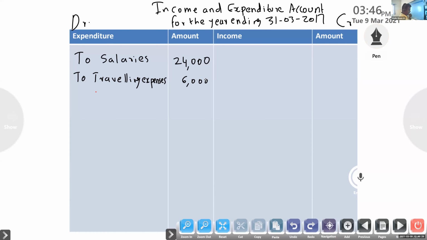Next one, stationery. Any adjustment related to stationery? Yes, sir. Opening stock, closing stock. What we have to do? Opening stock we have to add, and closing stock we have to less.